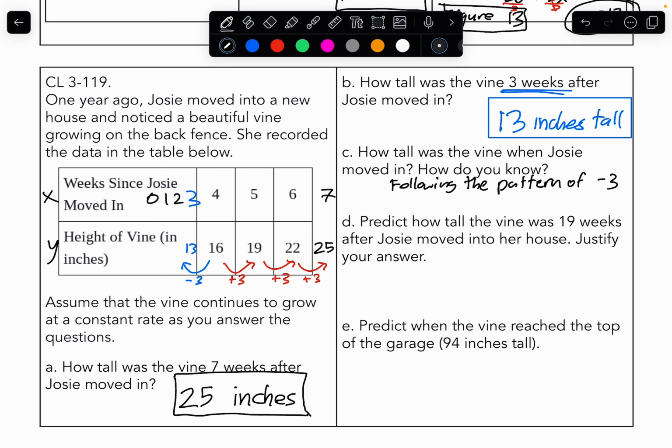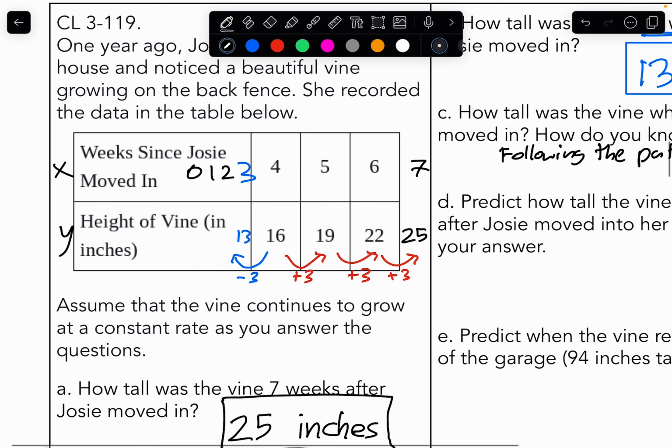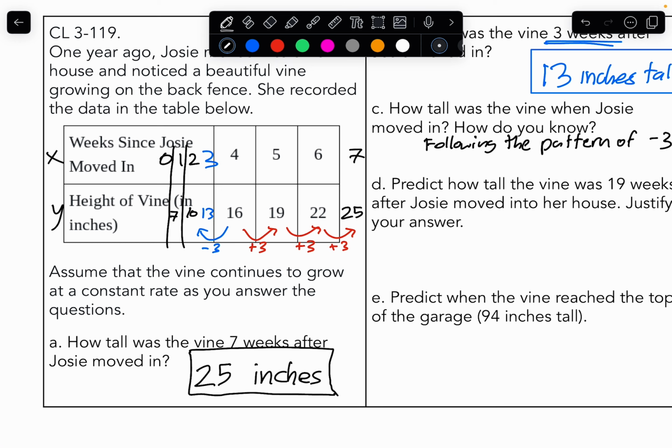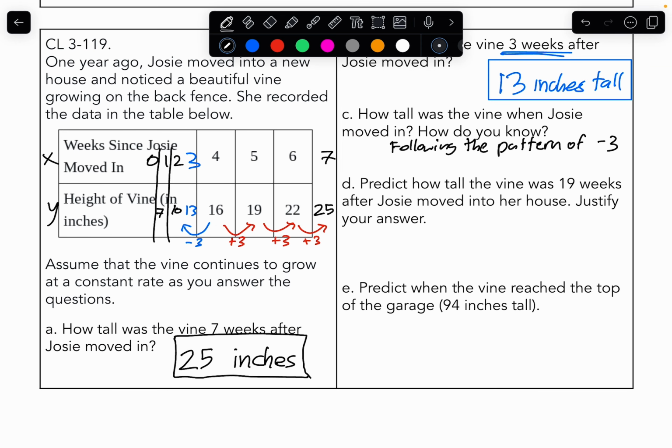Which number would we reach here if I kept subtracting 3? 13 minus 3 is 10. That's giving my second week there. 10 minus 3 is 7. That's giving my first week. But my starting week would be 4.